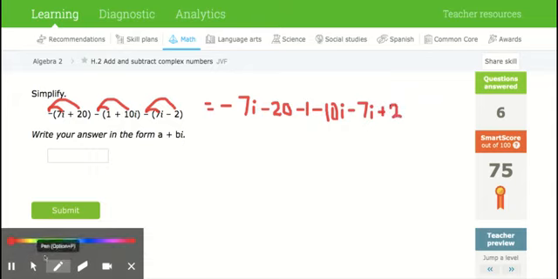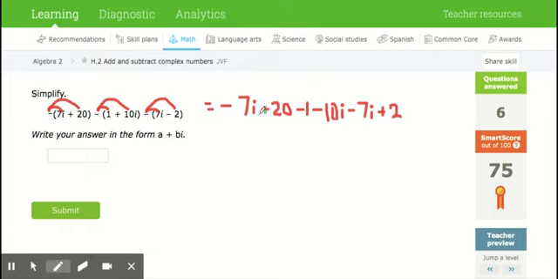Now we look for like terms. So we have negative 20, negative 1, and positive 2. Negative 20 and negative 1 make negative 21, plus 2 would be negative 19.